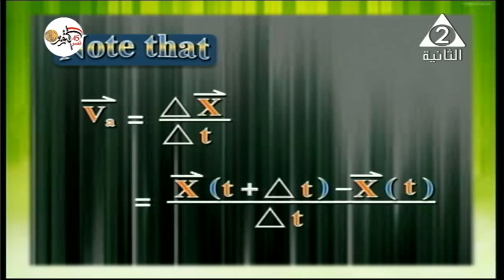This rule, delta x over delta t, we can express by using x of (t plus delta t) minus x of t over delta t. The change of displacement, x vector of (t plus delta t) minus x of t over delta t, is called or denoted by average velocity.